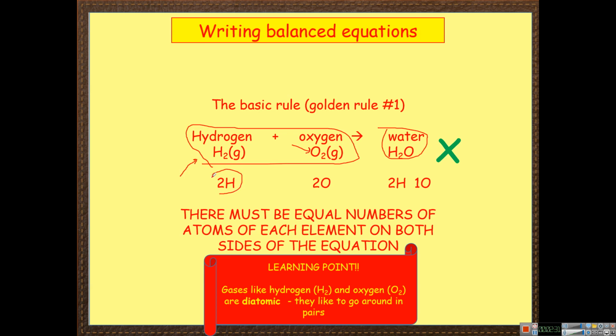So we have two hydrogen atoms and two oxygen atoms, but on the product side, we have only two hydrogen atoms, which is the H2, and one oxygen atom, which doesn't satisfy this balancing rule, right? That the number of atoms on this side should be equal to the number of atoms on this side. So that's what we need to work on, right?